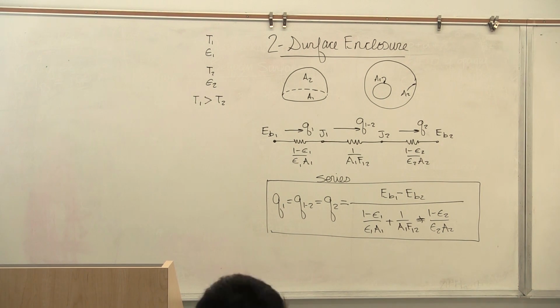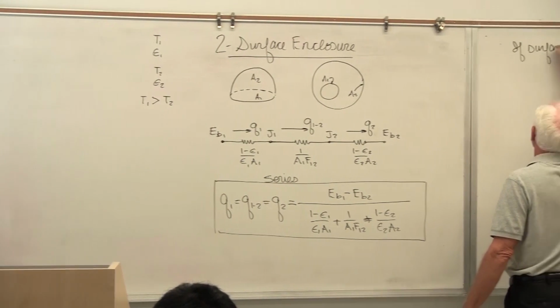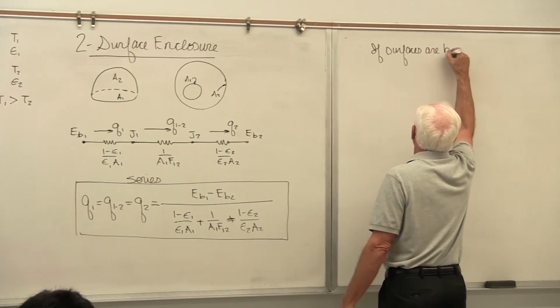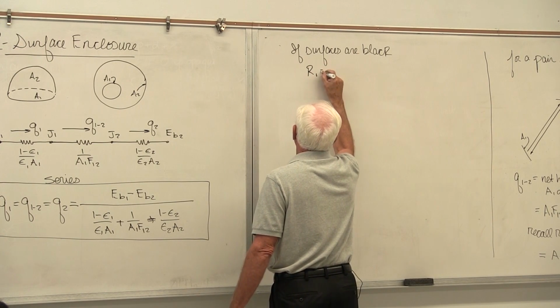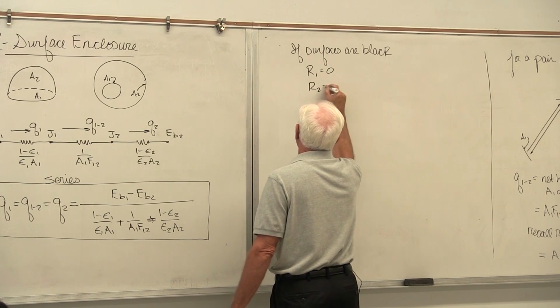Okay, now, let's make life a little easier. Let's say the surfaces are black. R1 equals 0, R2 equals 0.